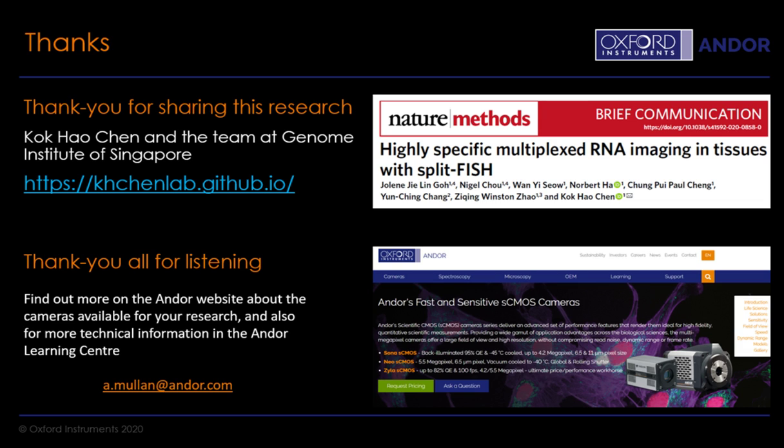These SplitFISH approaches focus on optimizing, or rather increasing, the specificity of the probe, right? The autofluorescence that comes along with the tissue will still show up in our images, because we only so far focus on imaging in the red or the far red channel.